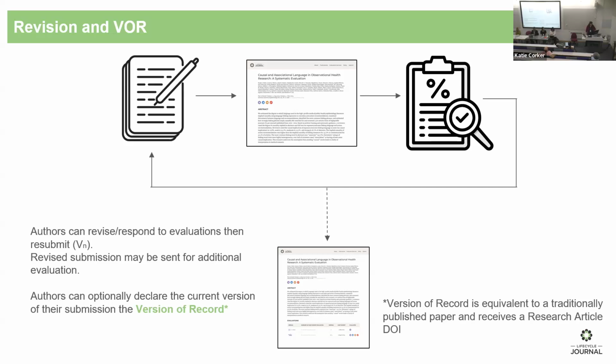At that point, as with eLife, it would be considered a reviewed preprint, and authors could submit that elsewhere if they chose. But optionally, they could declare their current version to be the version of record, in which case it would become like a published research article, and they would no longer be able to submit it elsewhere. So the entire process is open, transparent, and author-led.